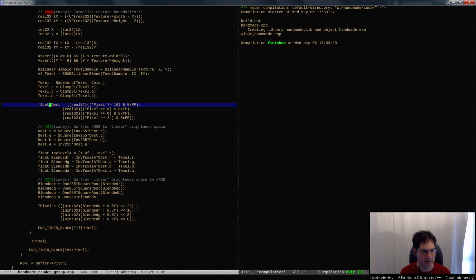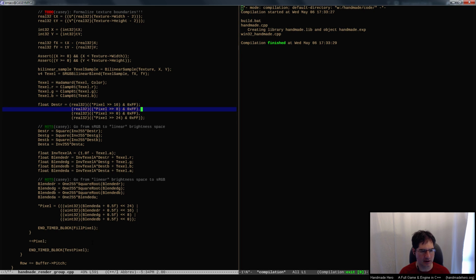I'm going to make this one more explicit as well. I'm just going to have dest be written out in scalar as well, so I can see what it actually looks like when you're not hiding operations behind a bunch of utility functions. So let's make that happen.